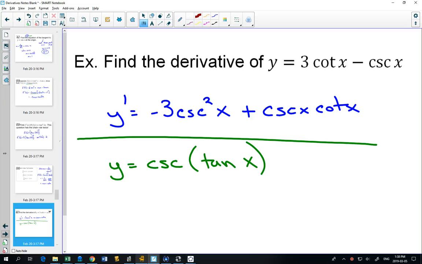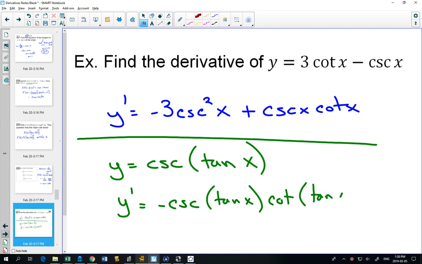So this is what I wanted to point out with this chain rule. How do we do a chain rule? Derivative of the outside function first, keep the inside the same. So our derivative here would be negative cosecant tan x, cotangent tan x. That's the derivative of the outside function. Then you multiply by the derivative of the inside function, which is tan.